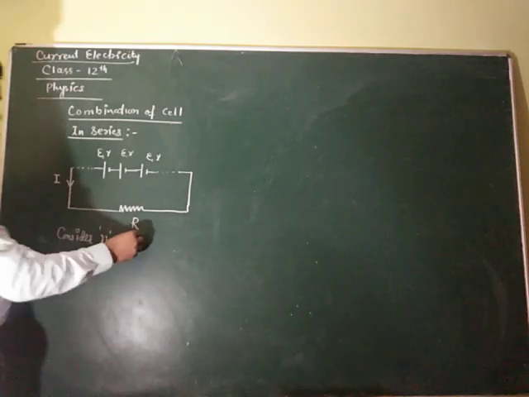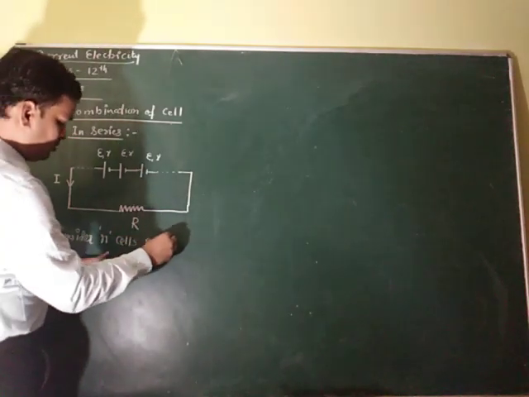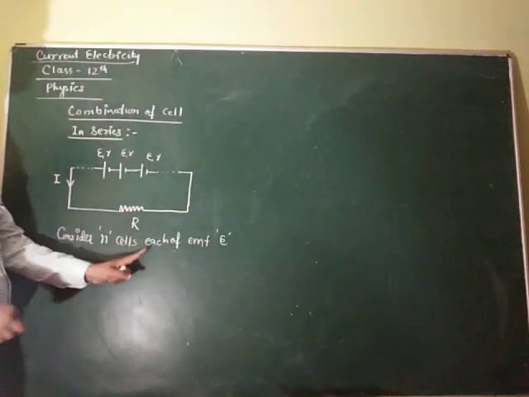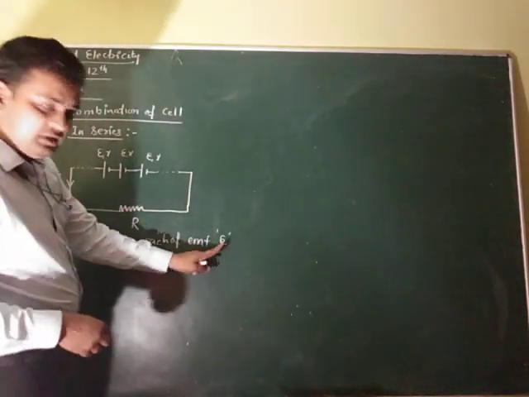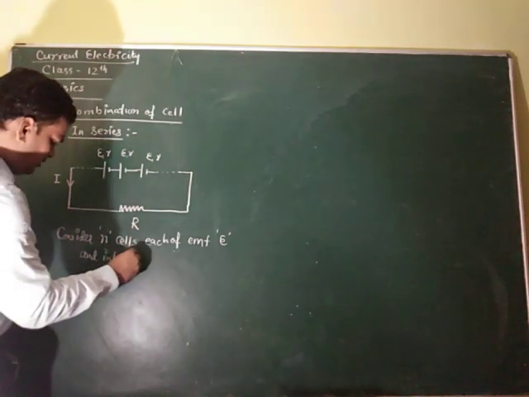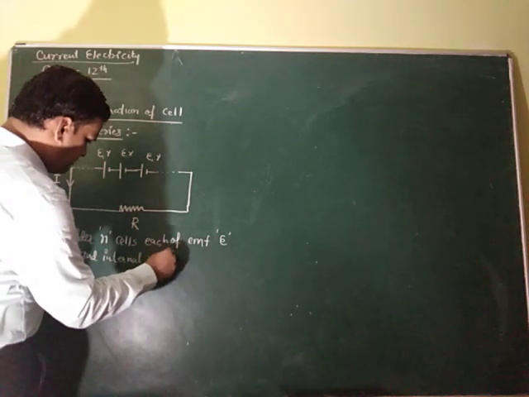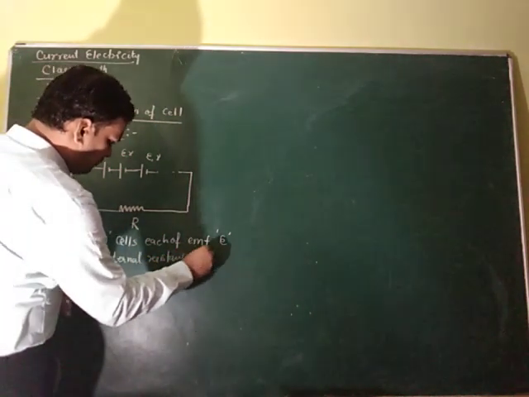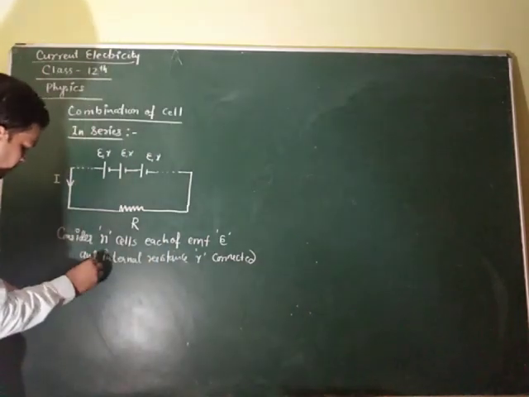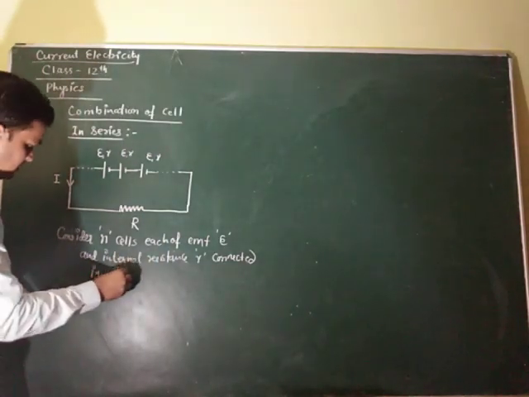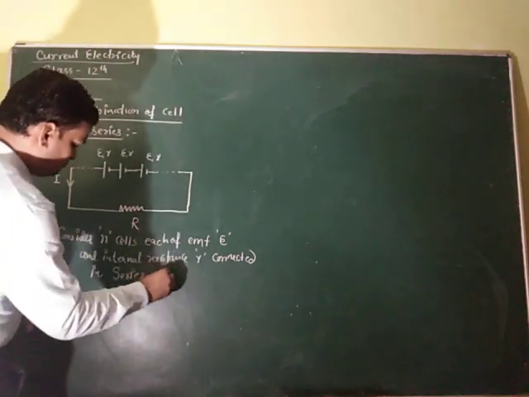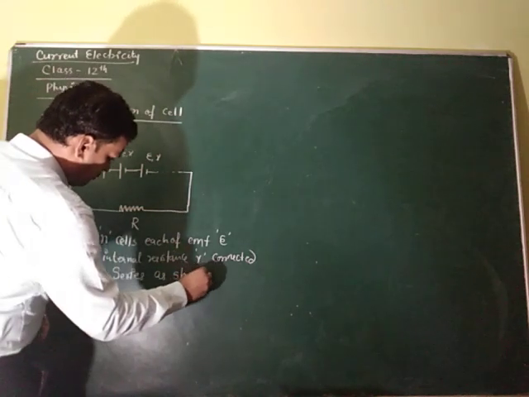Here we have taken n cells, each with an EMF of E and internal resistance r, connected in series as shown.